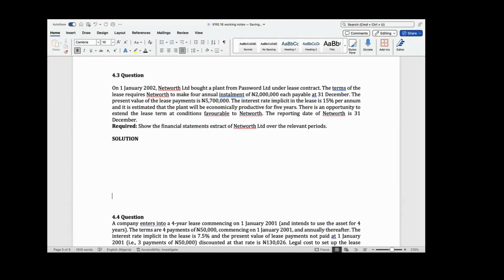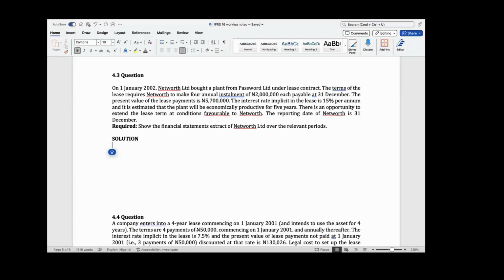On January 1st, 2022, Networth Limited bought a plant from Password Limited under a lease contract. The terms of the lease required Networth to make 4 annual installments of 2 million naira each, payable on 31st December. The present value of the lease payment is 5.7 million naira.